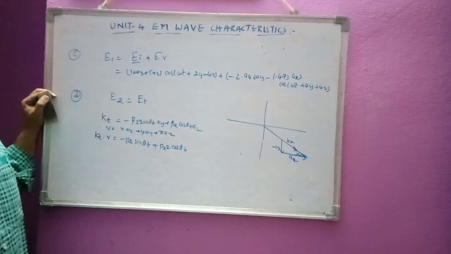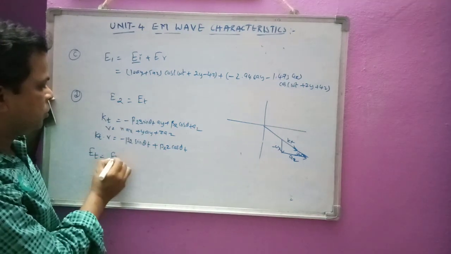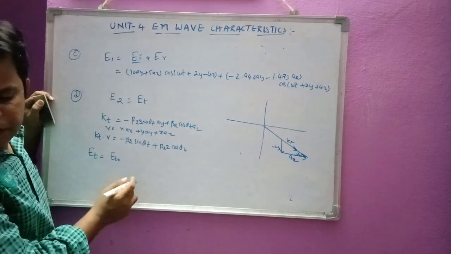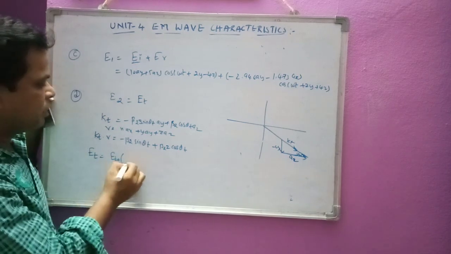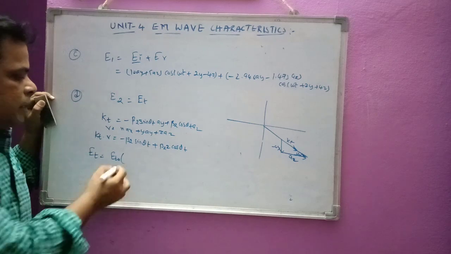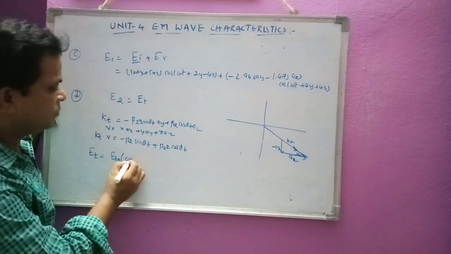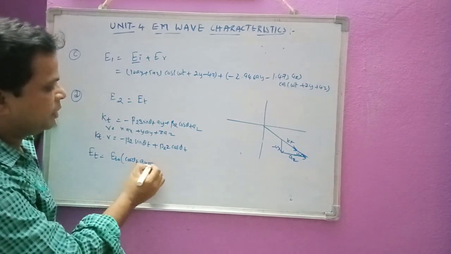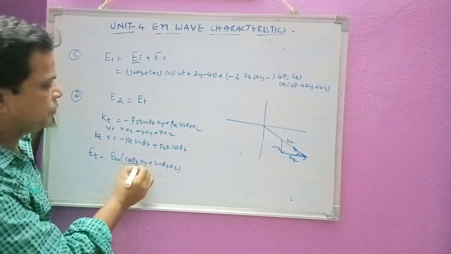Now similarly I can write ET is equal to ET0 into this one. The projection, that is whatever the incident electric field we have got, the ET value we will get the same value here, that is cos theta t aY plus sin theta t aZ. We have to find these two values here.